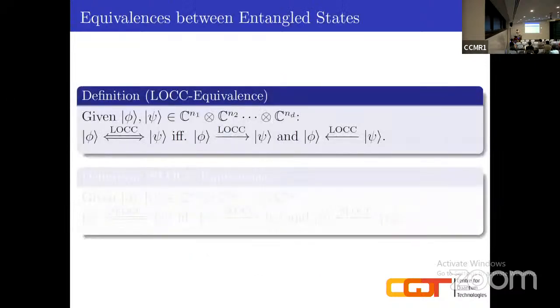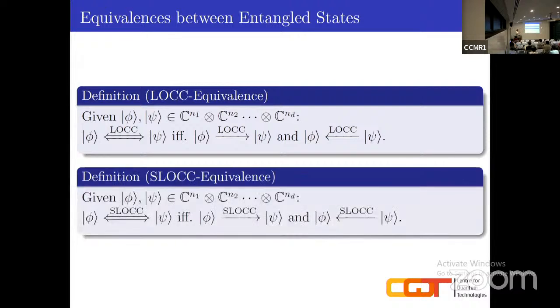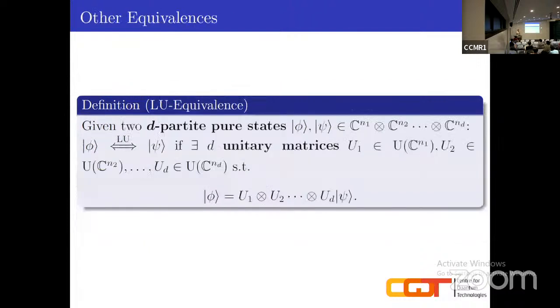So here we have our definition for LOCC equivalence. If two states are LOCC equivalent, then these two states are interconvertible through the LOCC protocol. Similarly, we can have this definition for SLOCC equivalence, and we also have other equivalences for quantum states.